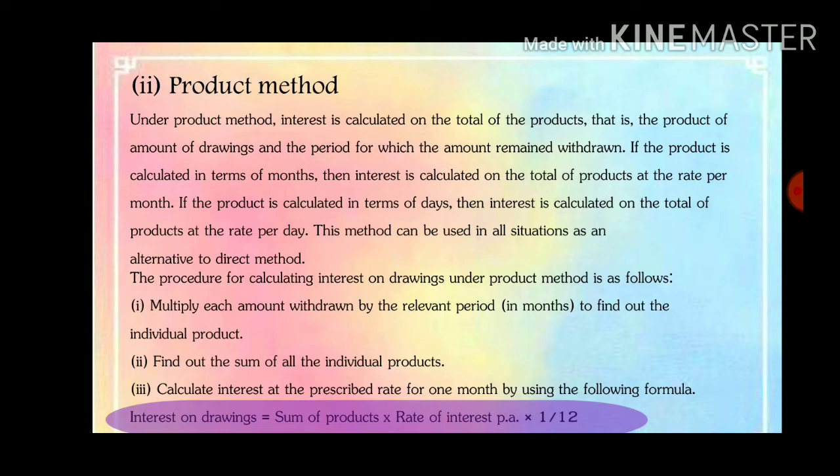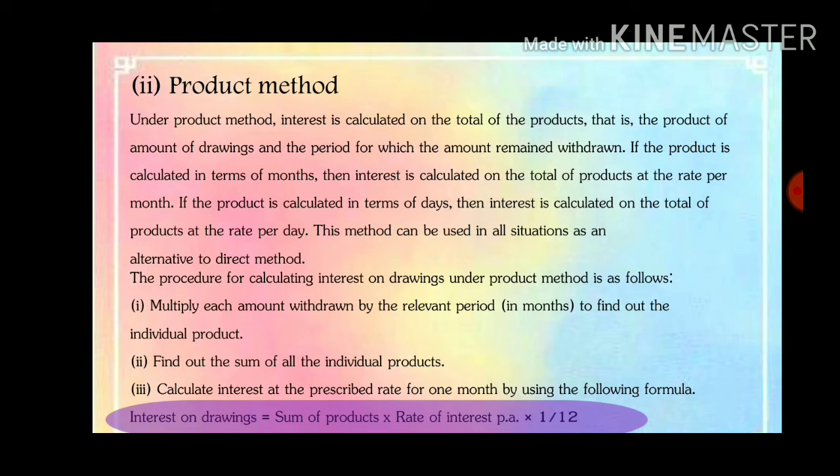So how to calculate this method? The procedure for calculating interest on drawings under product method is as follows. The first one, multiply each amount withdrawn by the relevant period in months to find out the individual product. Then second, find out the sum of all the individual products.